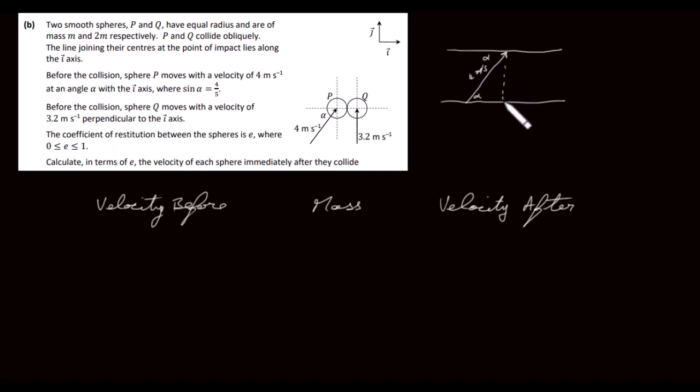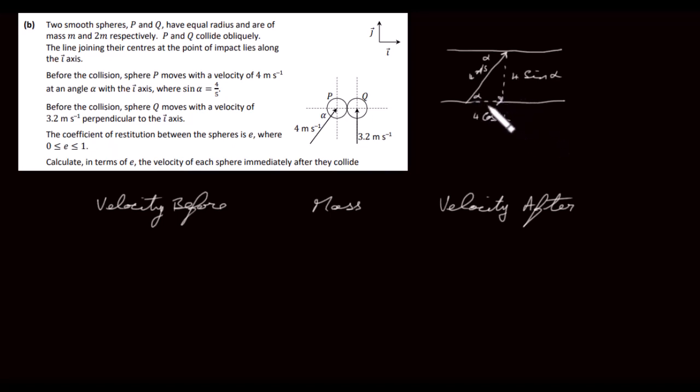So if we look at our resolved vectors, if you like, along this way and up along this way, this here is going to be 4 cos alpha. This up along here is going to be 4 sine alpha. And we probably just should break this line here a little bit. So just some dotted lines along there.